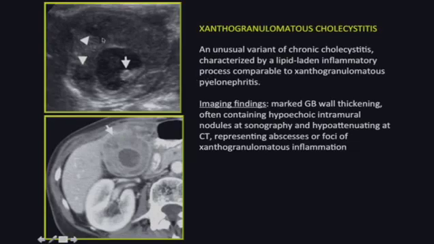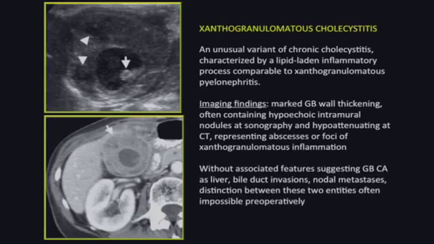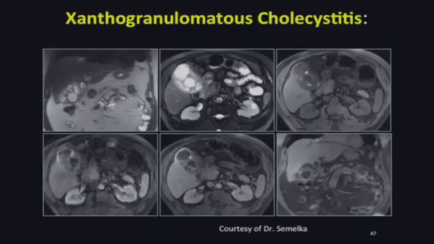On imaging, we see marked gallbladder wall thickening with intramural nodules that are consistent with intramural abscesses or foci of granulomatous inflammation, without associated features suggestive of gallbladder cancer such as liver invasion, bile duct invasion, or nodal metastasis. The distinction between these two entities is often impossible preoperatively.